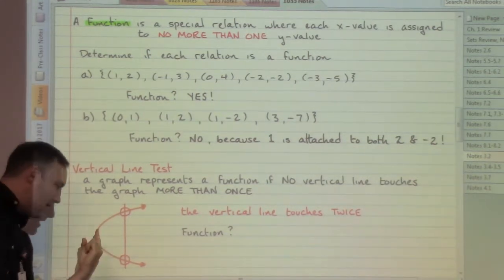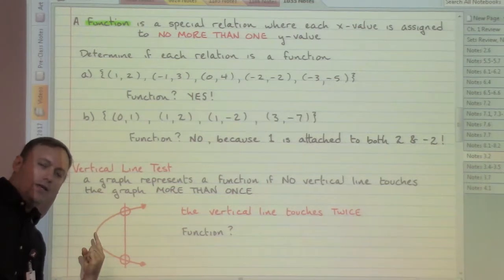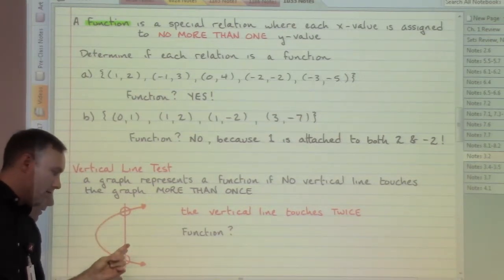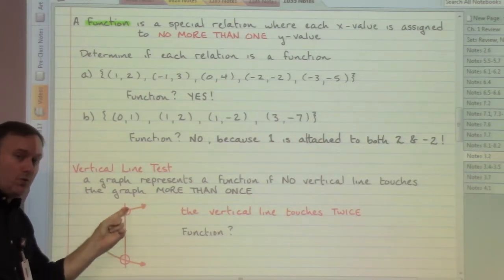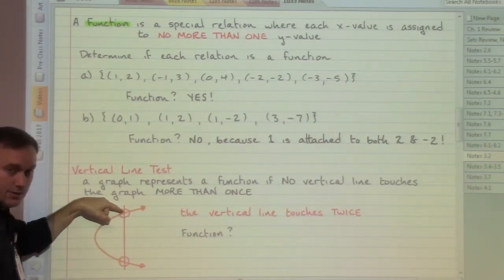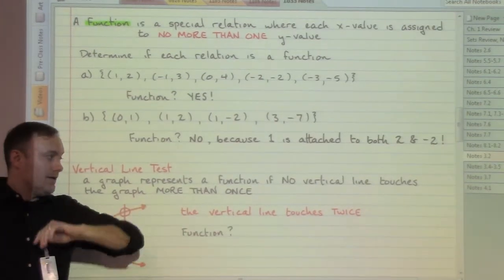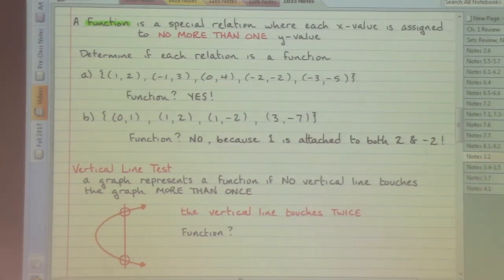As soon as I hit this very tip-top spot right here on my orange drawing, that x is in a relationship with only one other number. But over here, this x is in a relationship with 2 different y's. It's in a relationship with this one up here and that one down there, and that is a no-no for functions.